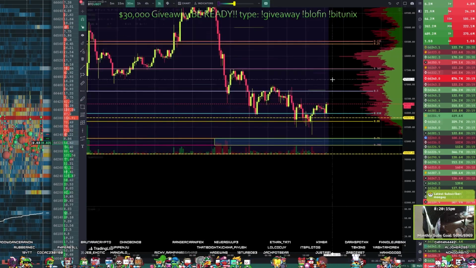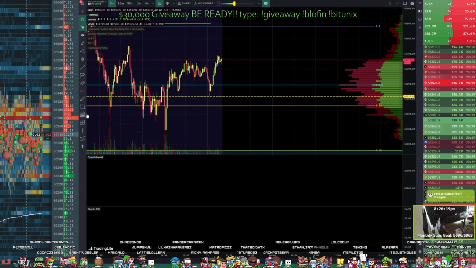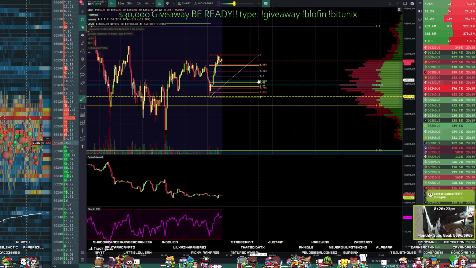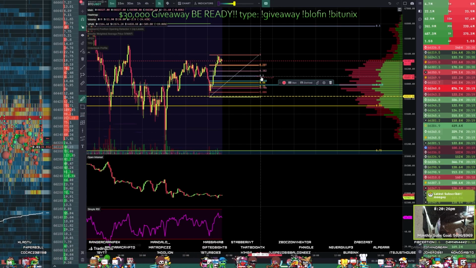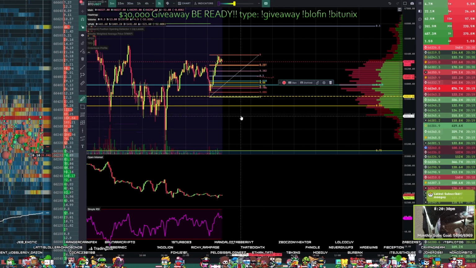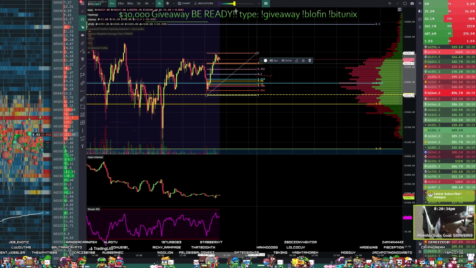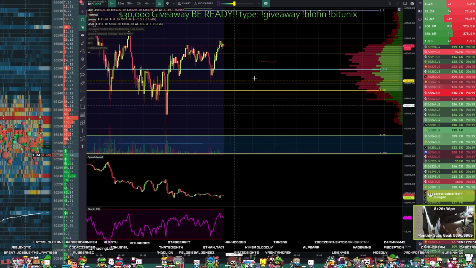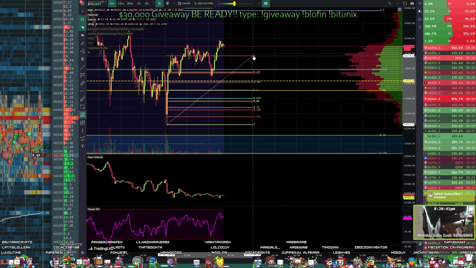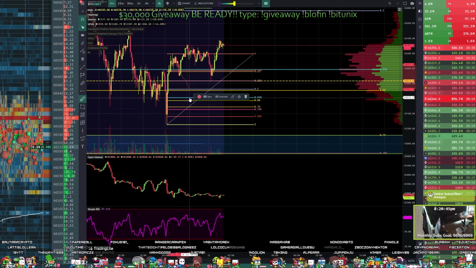Your entry, let's say, for example, you did something like this and you started to get filled on the 05. The 05 entry would be 66,080 versus if you had gotten a golden pocket retracement. So let's say this had worked and it had come back all the way down to 0.5 over here.